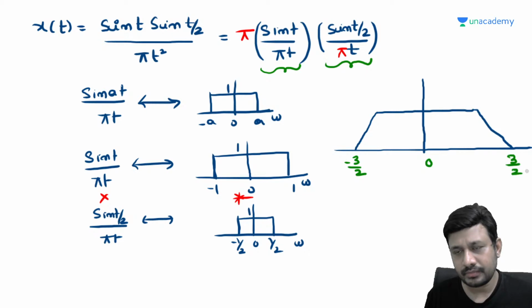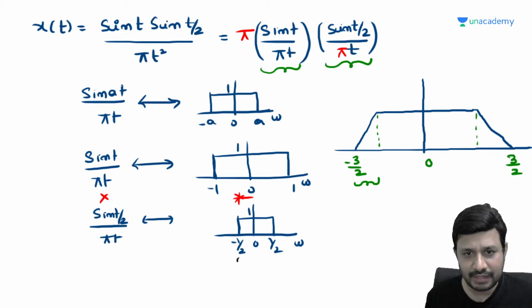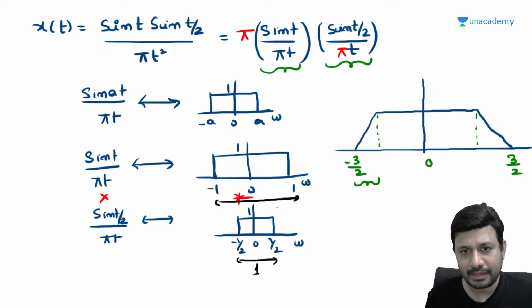Now if you want to know this width, it is nothing but the width of the smaller rectangular pulse. Here what is the width of the first rectangular pulse? 1. What is the width of the second rectangular pulse? 2. So remember, this width is nothing but the width of the smaller rectangular pulse, means this 1. 1 means what could be this point?